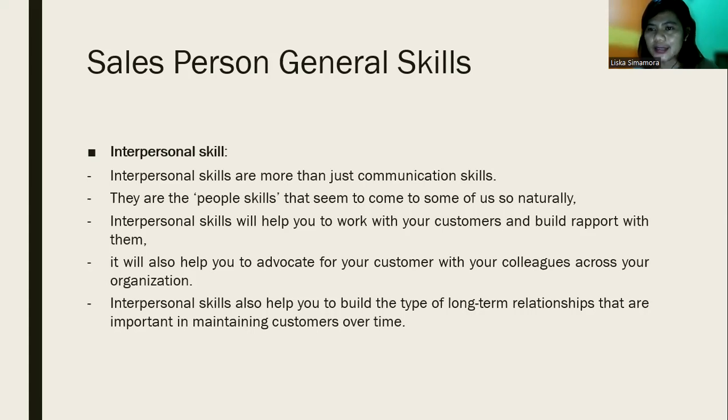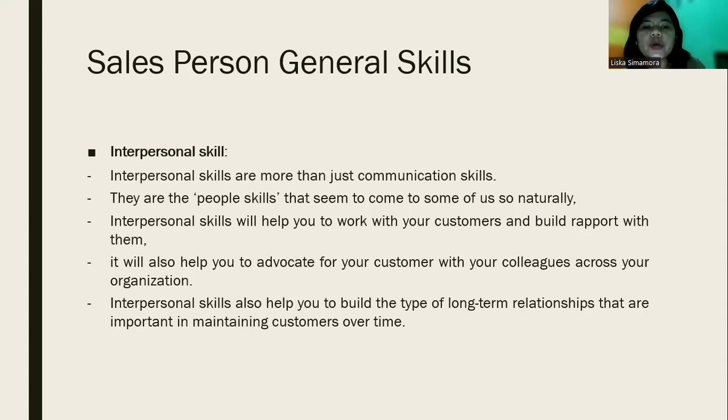Let's say you are on a trip for 3 hours with strangers, but you have the skill to have a fun conversation within those 3 hours. That is a skill. That's interpersonal skills. That is why some people think it comes naturally, right? But no, actually it can be developed.